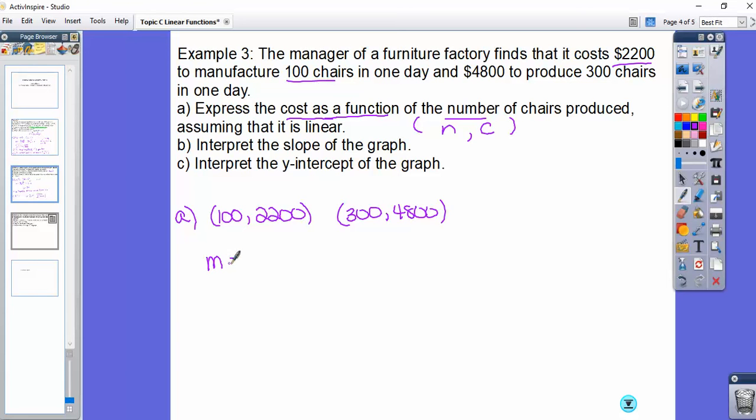So slope: y2 minus y1 over x2 minus x1. So we get 2600 over 200, or 13. Plug into y equals mx plus b. I'll just use the first ordered pair.